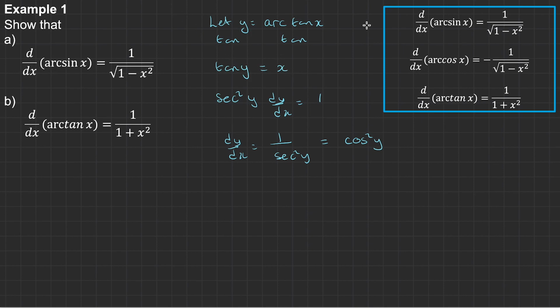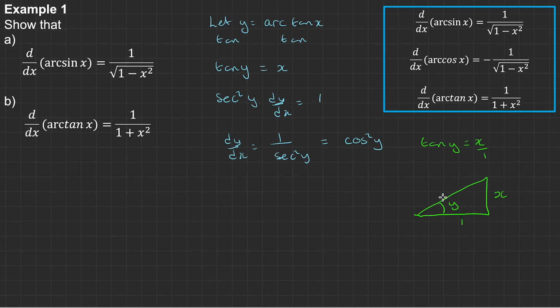But the problem now is we don't know what cos is. But we have the information that we can use from this. We know that tan y is equal to x, but it's also equal to x over 1. So now we have our triangle. We have our angle y. The opposite side will be the x, and the adjacent side will be the 1.